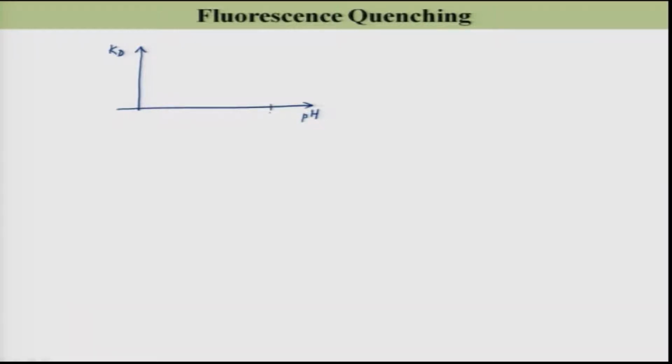Let us say here is my 7. At neutral pH, the value of Kd that you have observed from your experiment is really low. And at a little bit higher pH, 7.4, 7.6, 7.8, this value is like this. As you increase the pH, probably you have seen such kind of data, and the trend is like this.